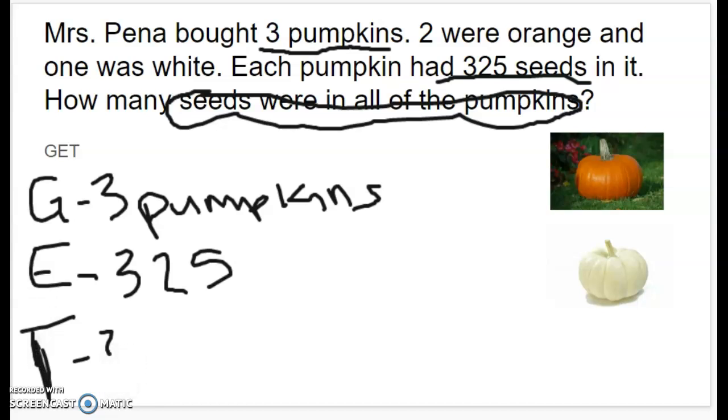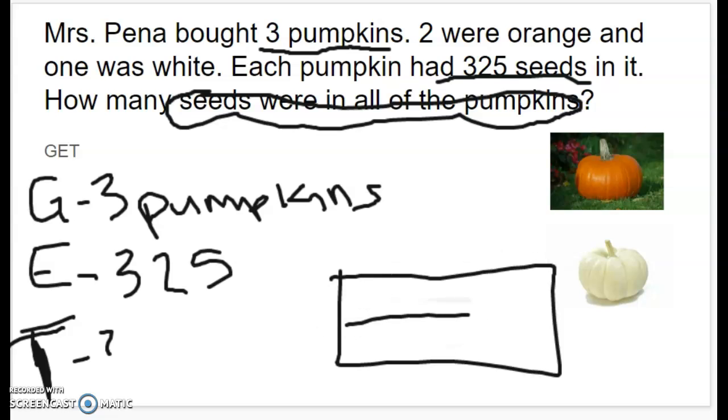So when we make this a strip diagram, it would have 2 pieces to it. The bottom piece is going to be our total. We don't know that yet. And then our total is going to be composed of 3 groups with 325 in each group. So I could break this into 3 sections and put 325 in each section.